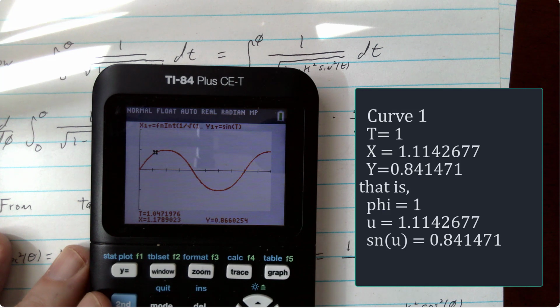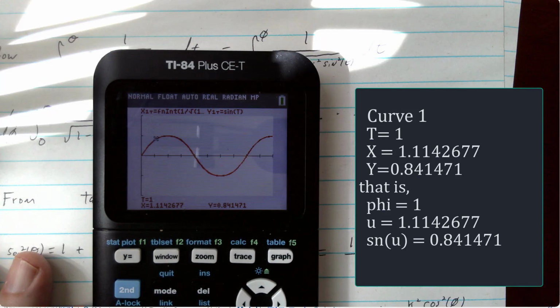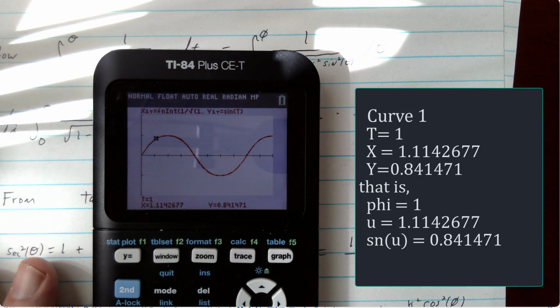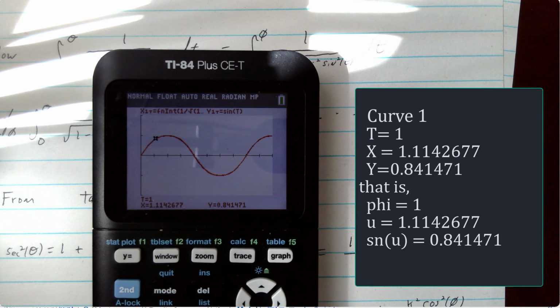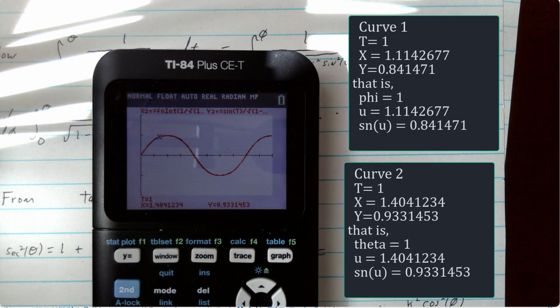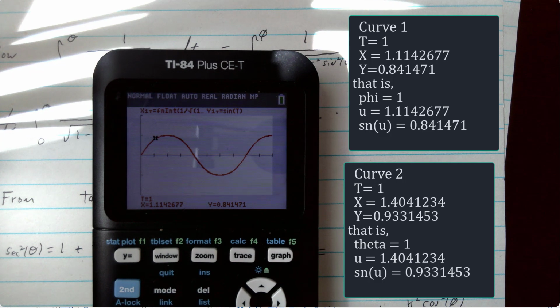But that's inputting phi equals 1 and theta equal to 1. So here's t equals 1 on the first curve. If I go to the second curve, if I go to 1 on the second curve, I mean, it's not going to match. So there's different value. The y value is very different. Let me go back to the second curve.